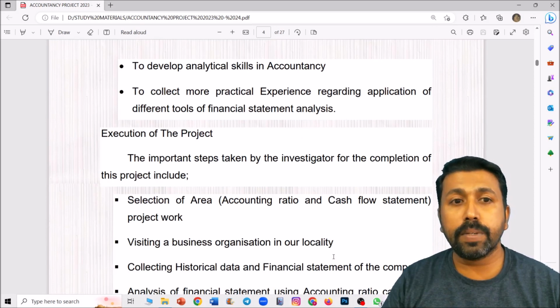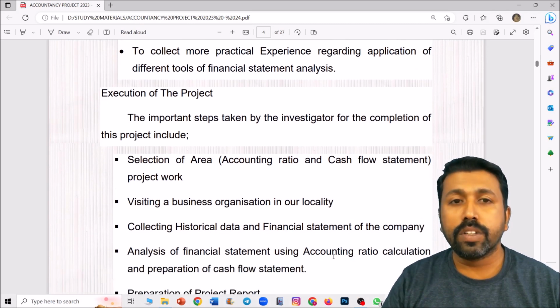And another step is the execution of the project. Here I am listing some important steps on how the area was selected for this project. In this project, accounting ratio and the cash flow statements are included. Definitely I will bring some more videos related to the accountancy project, integrating all other areas, including comparative statement and common size statement.